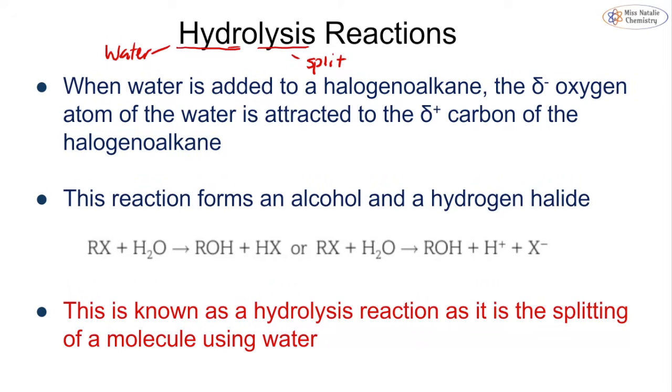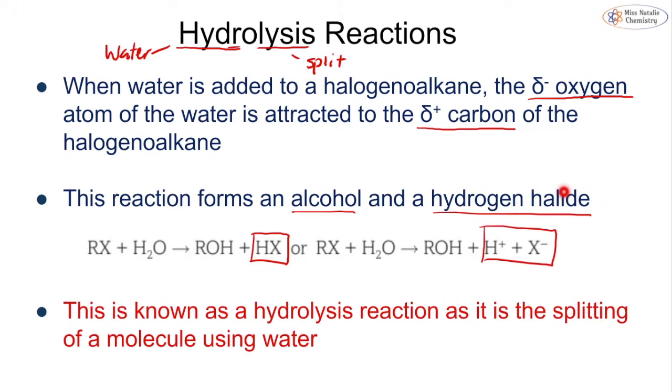How this works is we have a delta negative oxygen on the water, because of course it has lone pairs, and these are going to be attracted to our slightly positive carbon of the halogenoalkane, and we make an alcohol and a hydrogen halide. Now we can write this hydrogen halide out in two ways. We can either write it as just HX, or we can write it as the ions that are present, H positive and X negative.